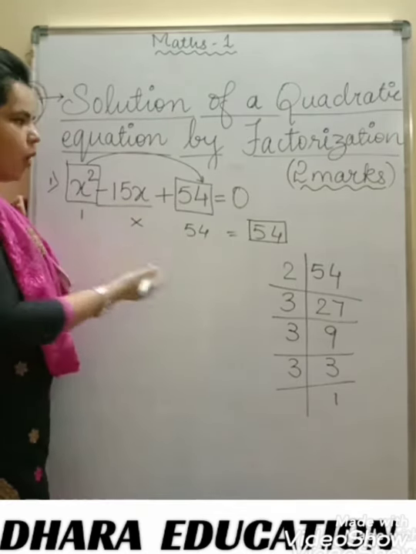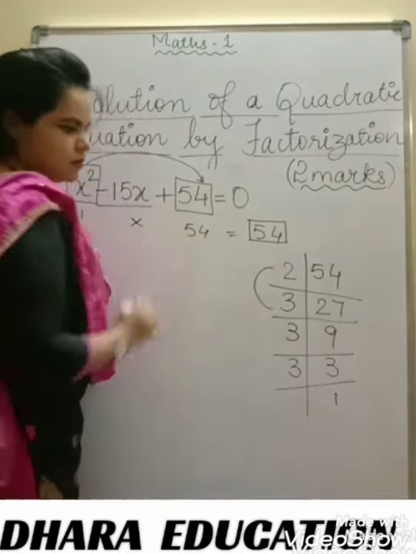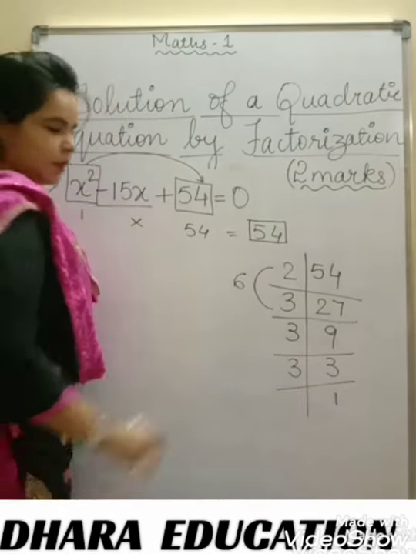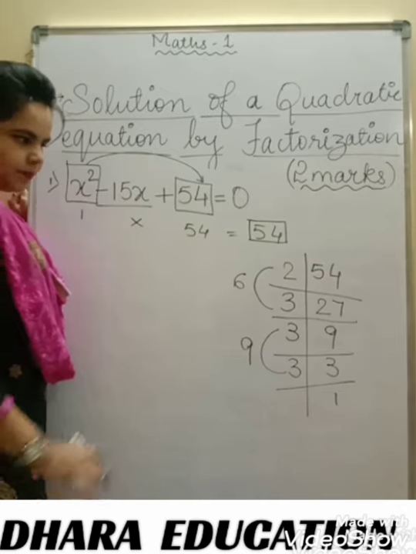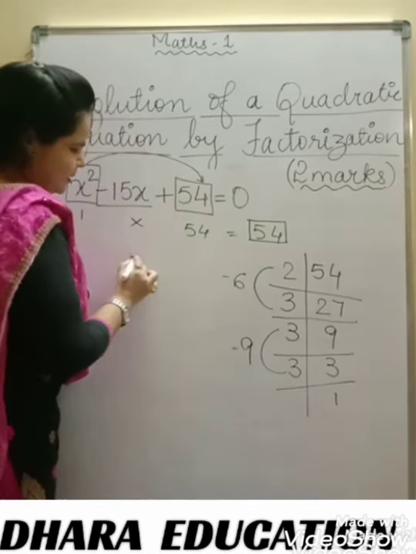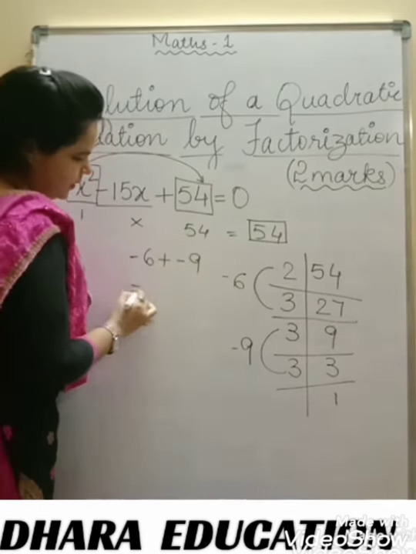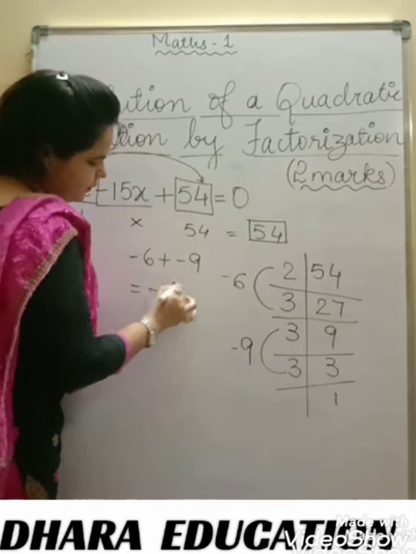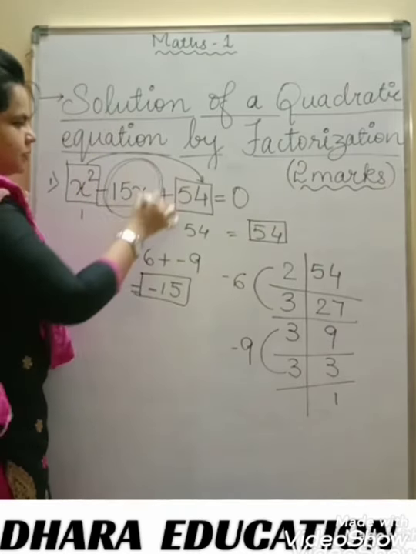All right, so how will we start this? 2 3s are 6, 3 3s are 9. But if we put minus 6 plus minus 9, it gives you minus 15. So we are accomplishing this also.